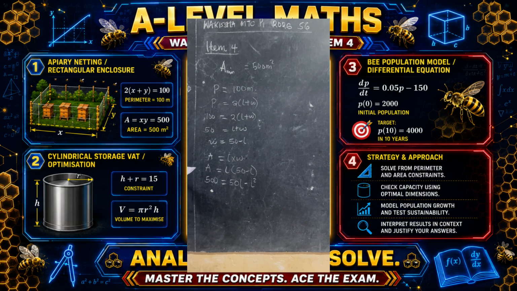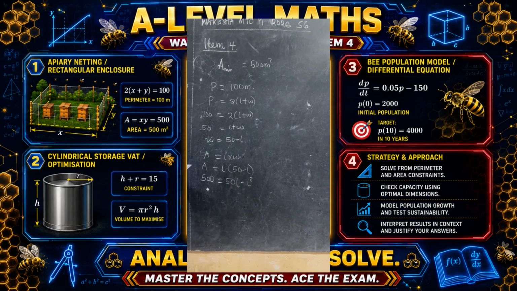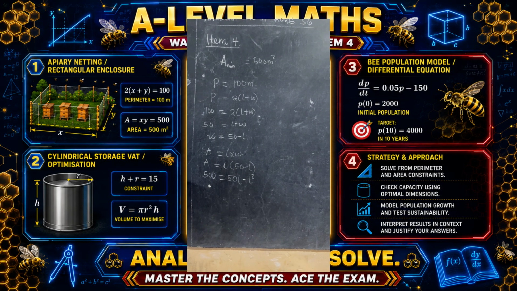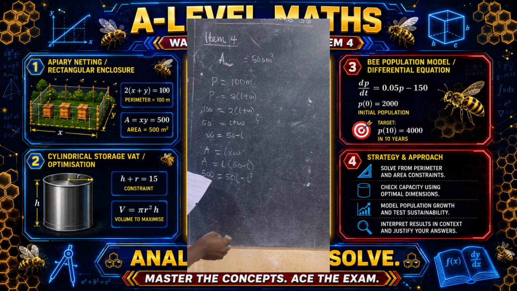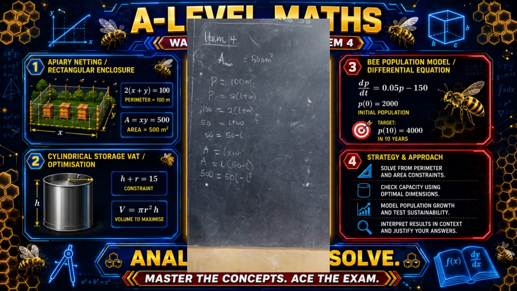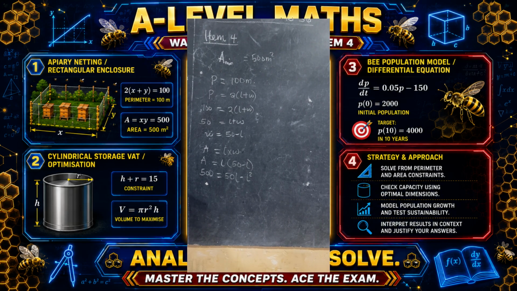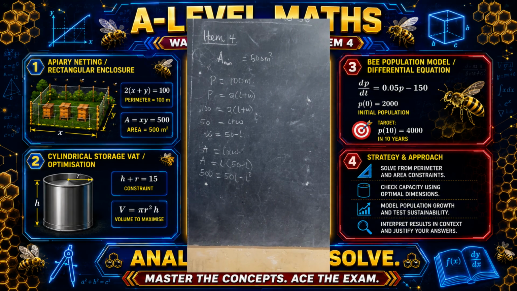If they are requiring a minimum area, then it should also come from a minimum length. So we are going to differentiate our area before we do the substitution.